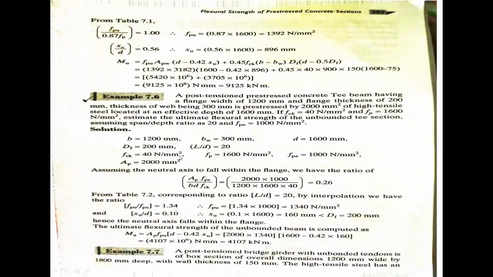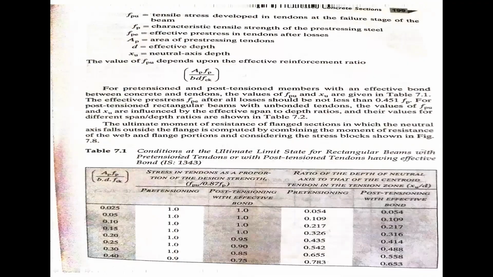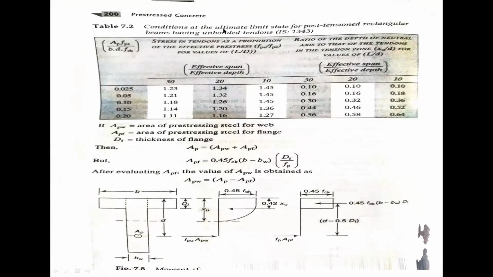First the APF value and APW. See that section for APF, APW. See this conditional mention: post-tensioned rectangular beams having unbonded tendons. You have to use this formula: AP equal to APW plus APF, but APF equal to 0.45 FCK (B minus BW) D by FP.